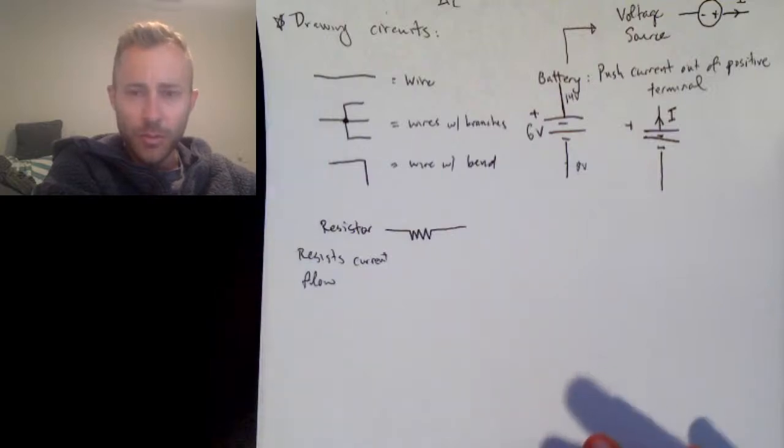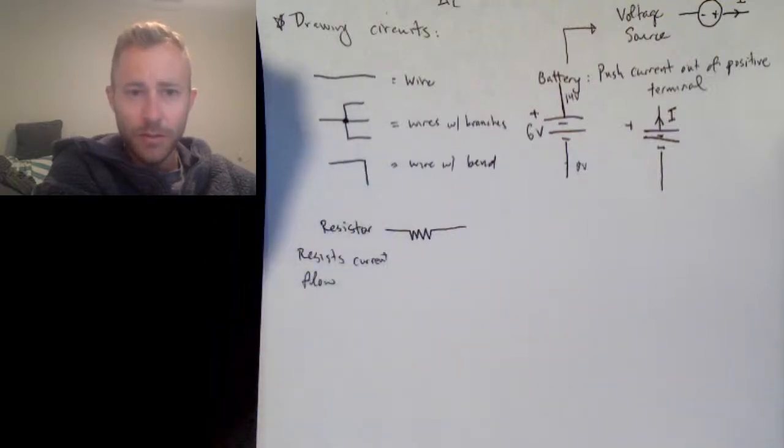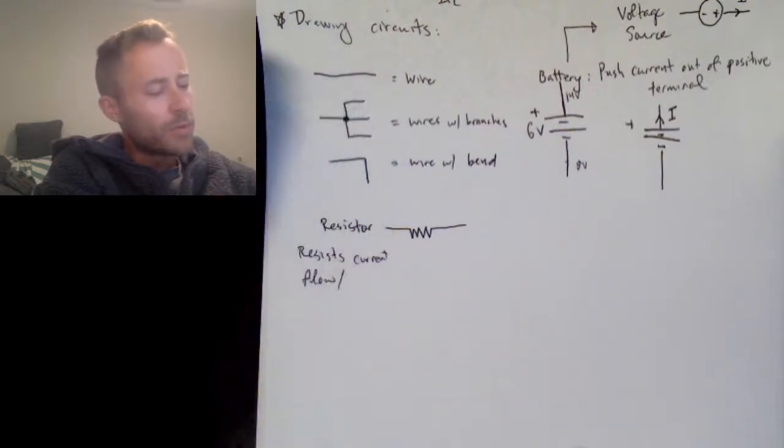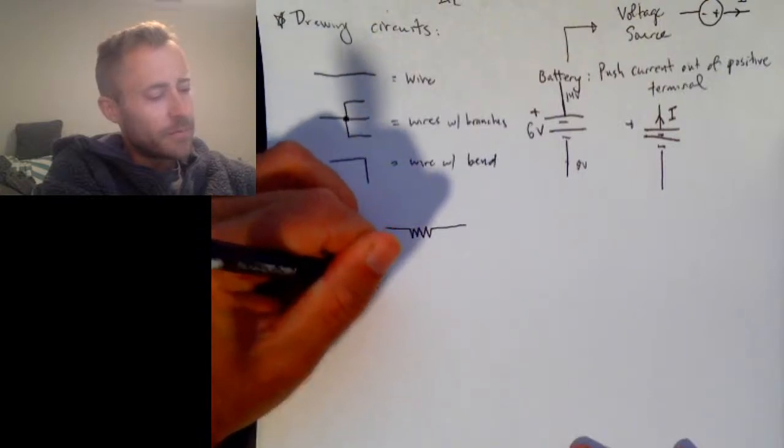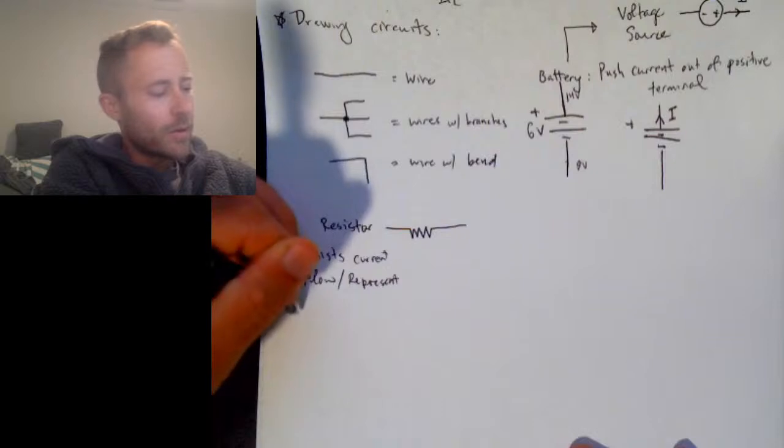So a resistor will prevent the current from being too extreme. Or resistors oftentimes represent other objects.